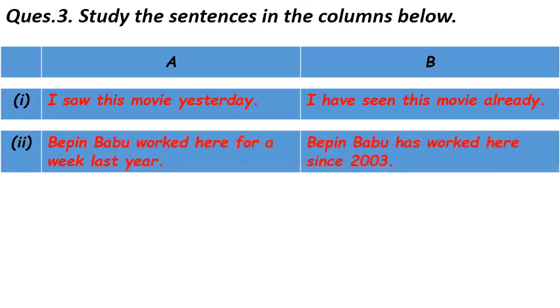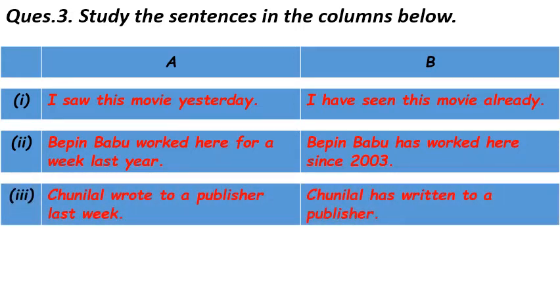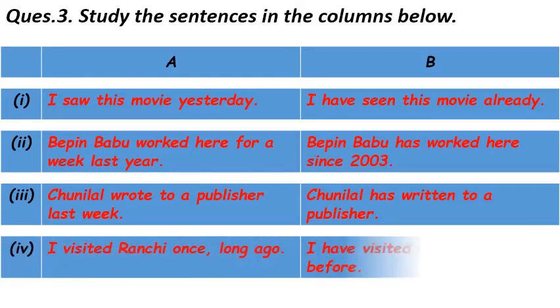B, Bipin Babu has worked here since 2003. A, C part is Chunnilal wrote to a publisher last week. B, Chunnilal has written to a publisher. A, fourth part is I visited Ranchi once long ago. B, I have visited Ranchi once before.